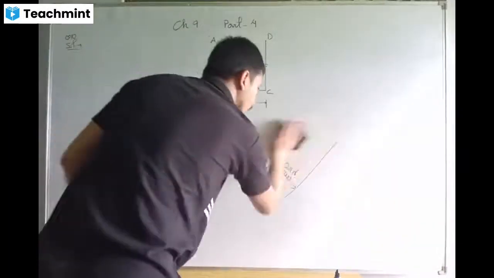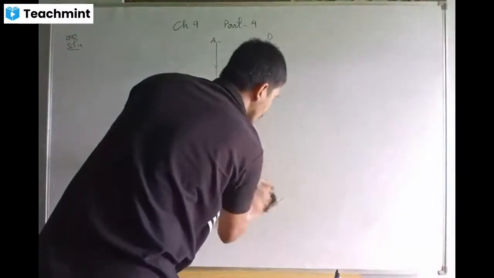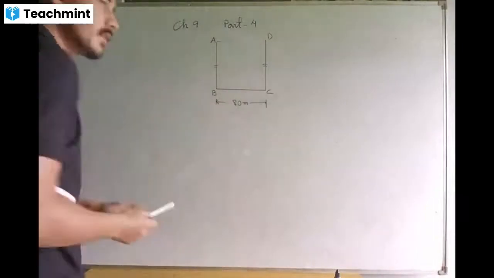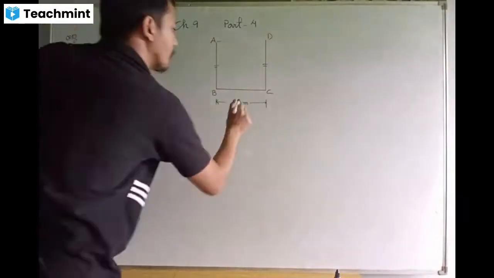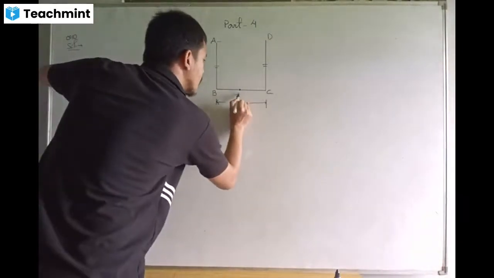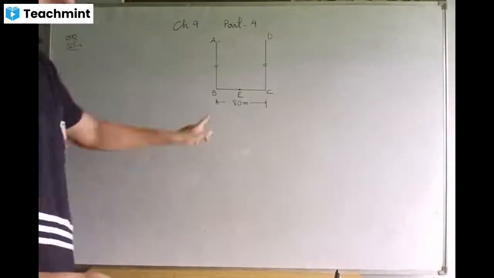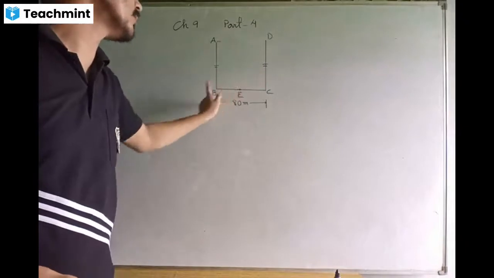Now the next part of the question is, from a point between them on the road. Suppose E is a point on the road which is in between the two poles.